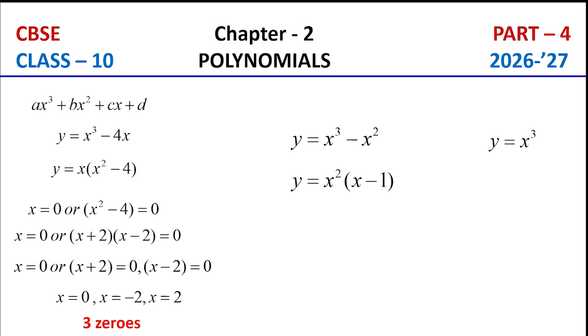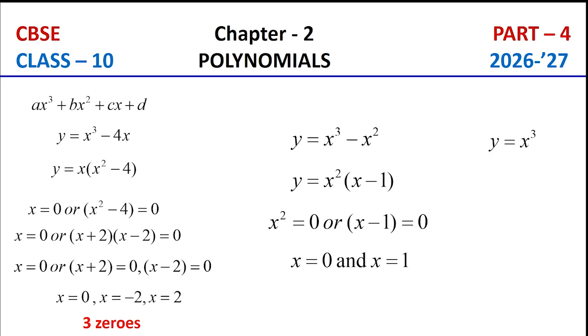So either x square equal to 0 or x minus 1 equal to 0. x square 0 means x equal to 0. Am I right? x minus 1 equal to 0 means x equal to 1. So x equal to 0 and x equal to 1 are the zeros of this polynomial.